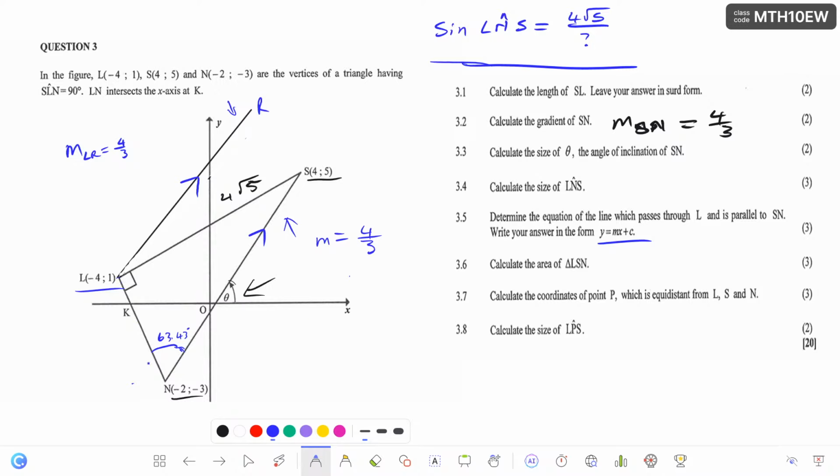So we need to calculate the distance LN. Because we know the area of a triangle LSN is going to be 1/2 breadth times height. So we're using this formula.